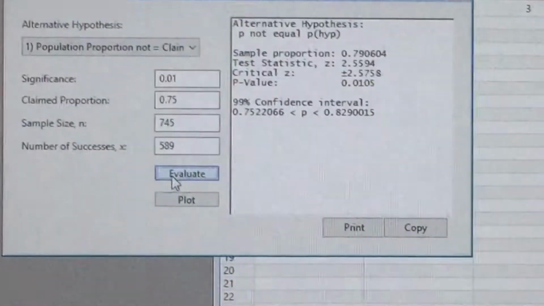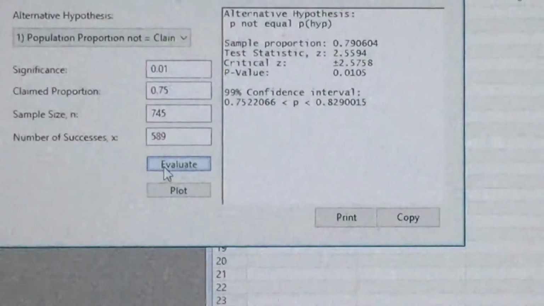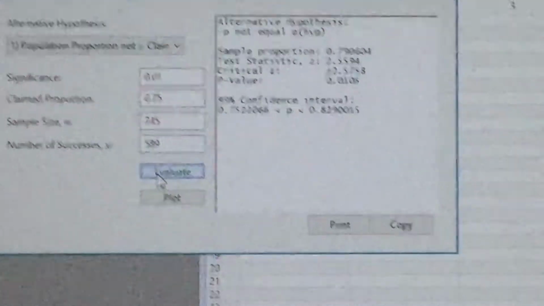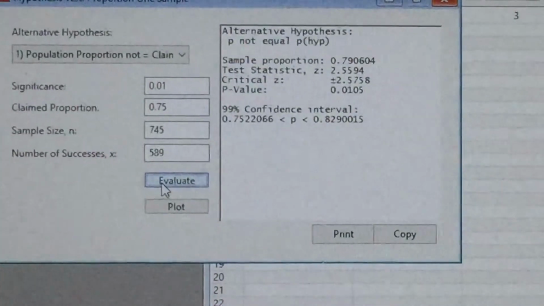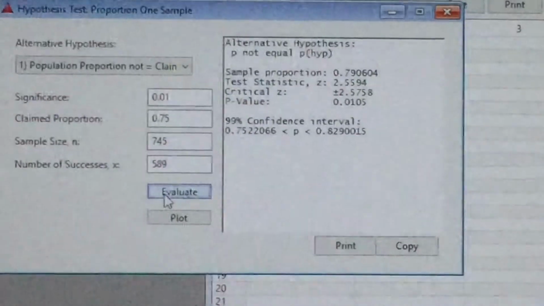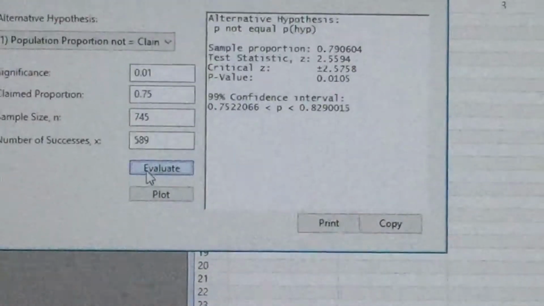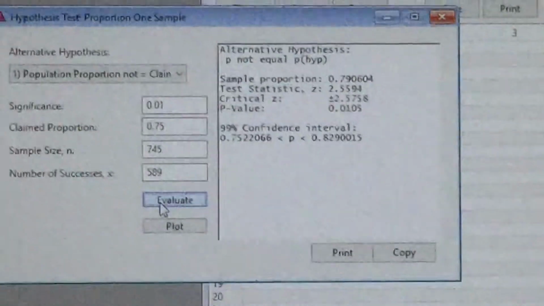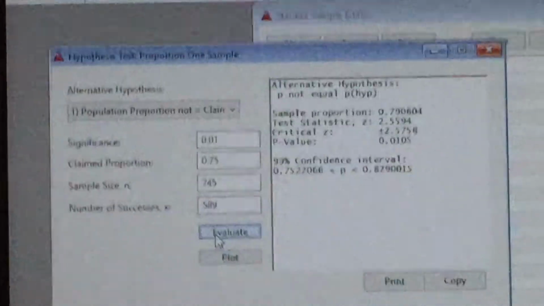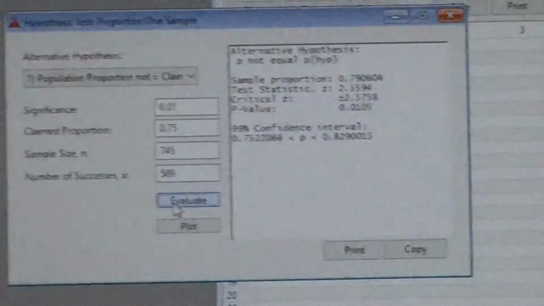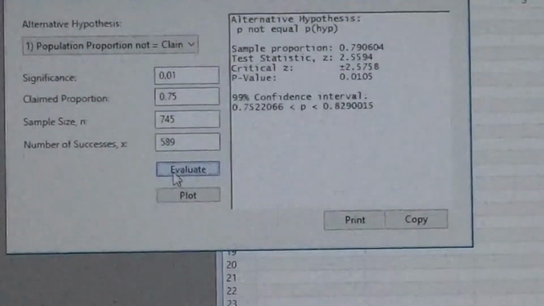And again, your test statistic here is going to be 2.5594. Your critical value is right below it. It's plus or minus 2.5758 because it is a two-tailed test based on our alternative hypothesis.